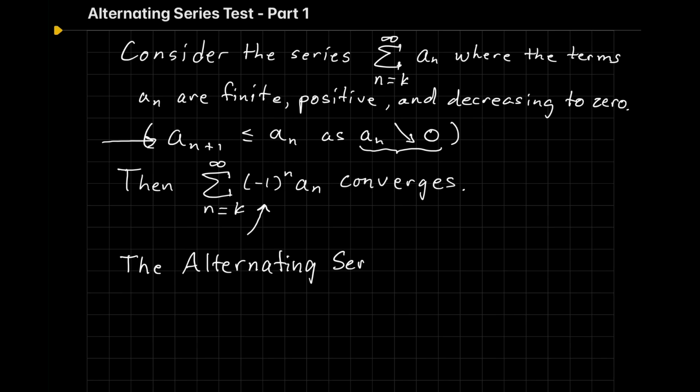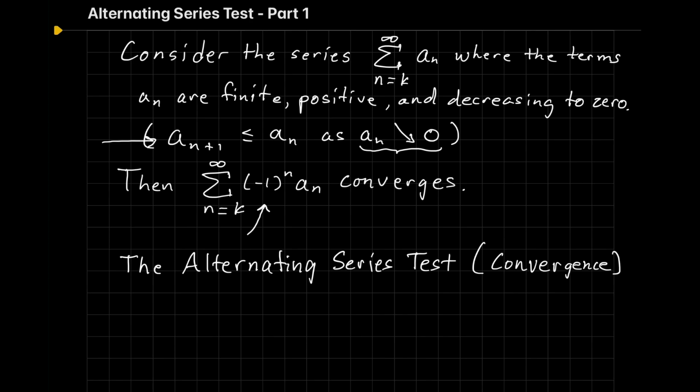Now, one thing I want you to remember is that if a sequence decreases to 0, that does not mean that the series will converge, unless it's an alternating series. The other note I want to point out is that the alternating series test is for convergence only.